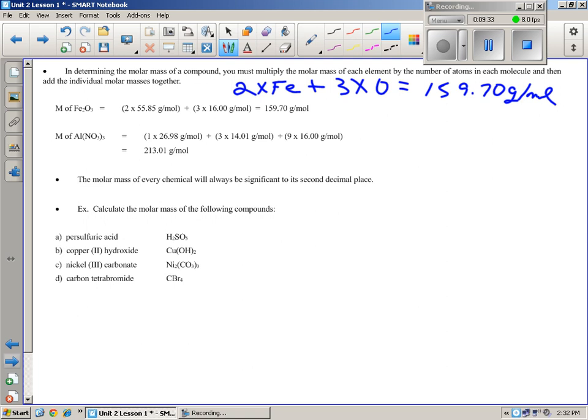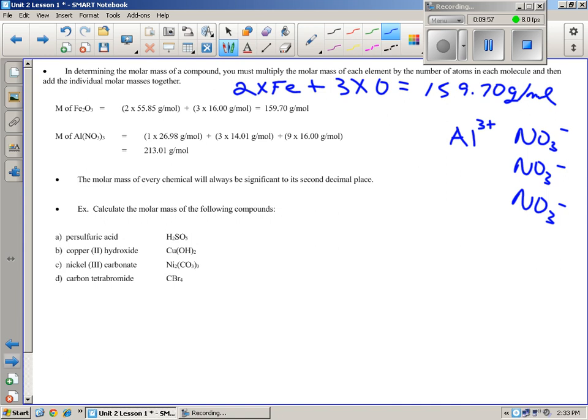When you talk about aluminum nitrate, okay, ionic compounds, aluminum is a 3+. Each nitrate, of course, is a 1-. So remember, that's where swap and drop comes from. We did this in Unit 1, aluminum nitrate. 1 aluminum has to go with 3 nitrates. So if you look, how many aluminums do I have? I got 1.